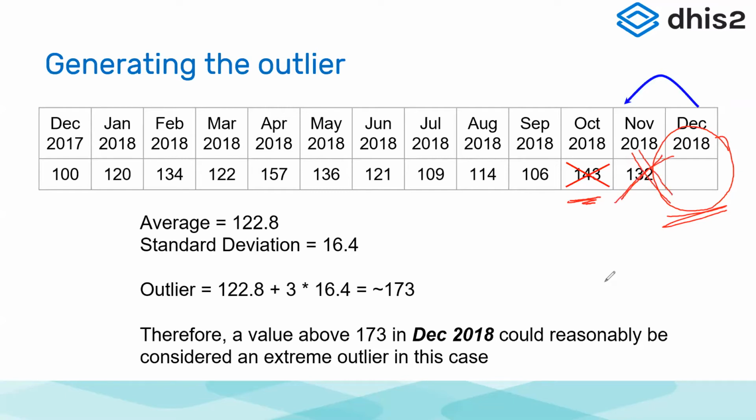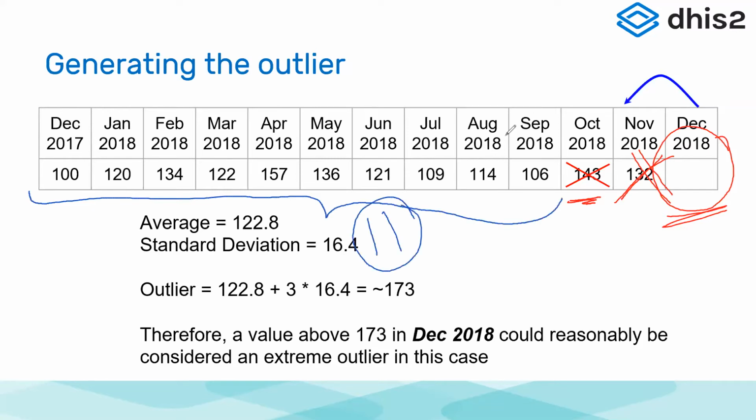So we are excluding the immediate previous month, and we are including all the other previous 11 months. That is the norm of calculating the predictor. So 1, 2, 3, 4, 5, 6, 7, 8, 9, 10, 11 months, up to here, excluding the previous month.